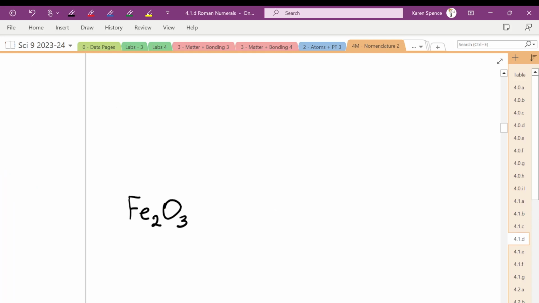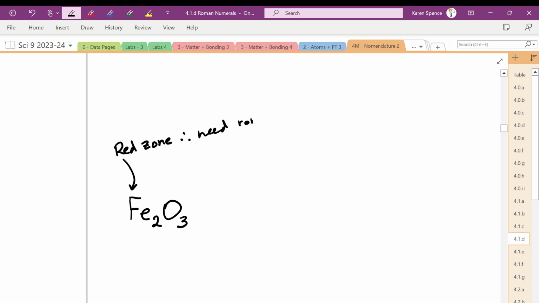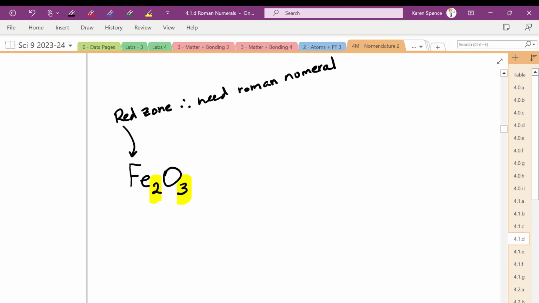So the first thing we would do is look and say, I have iron, and iron is in the red zone. Therefore, we need a Roman numeral. Step number 1, we're going to look at the subscripts, the 2 and the 3, and say, what does this 2 tell us?